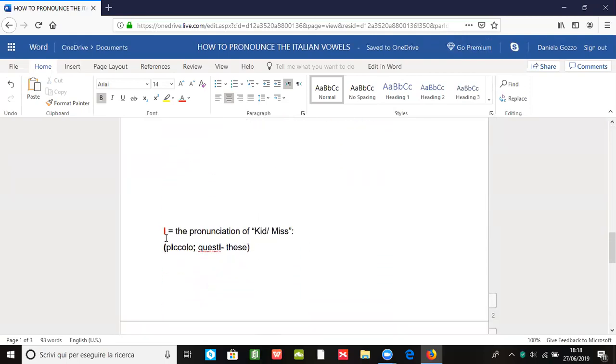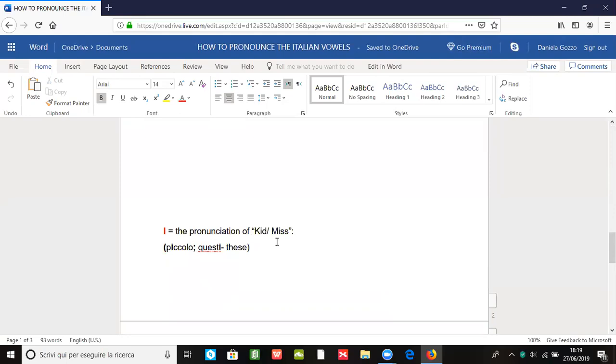The vowel I in English is I, in Italian is E, like, for example, the pronunciation of the words kid or miss. There's no stress sound, so it's not like the word tree.